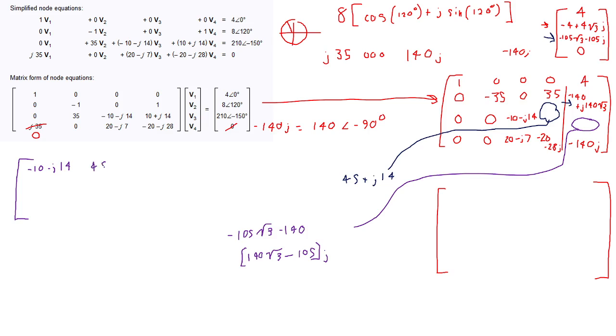This entry should be 45 plus J14. Okay, this entry is 20 minus J7. This entry is minus 20 minus 28J.